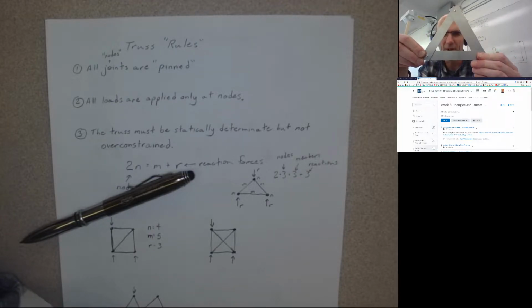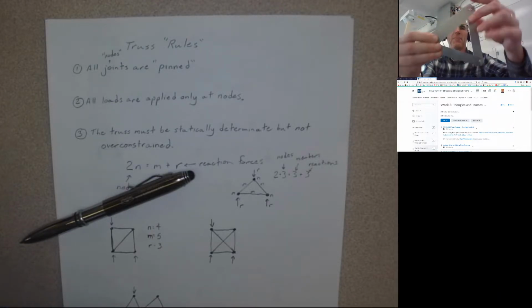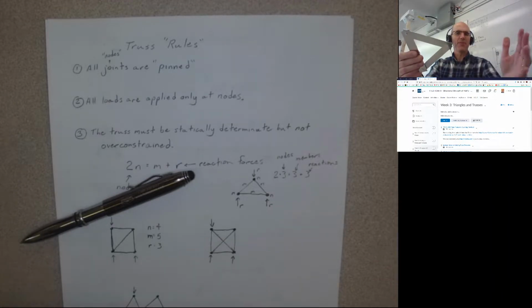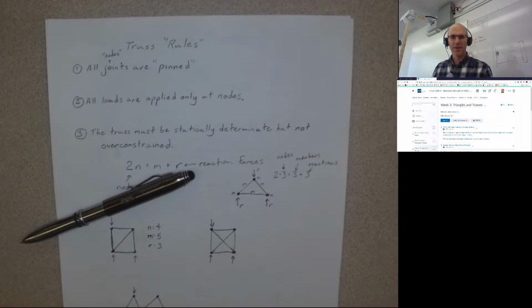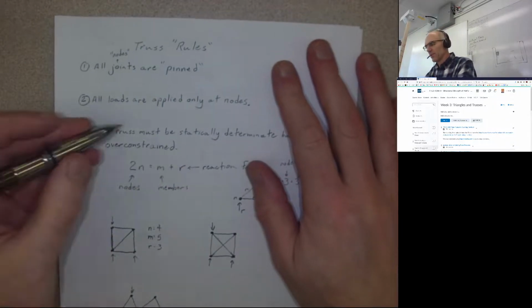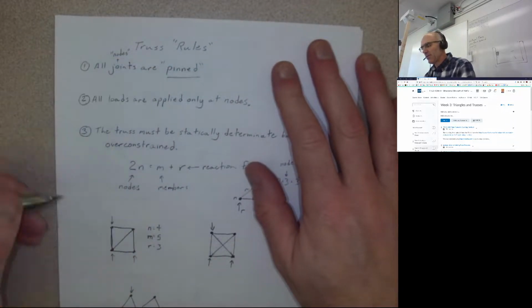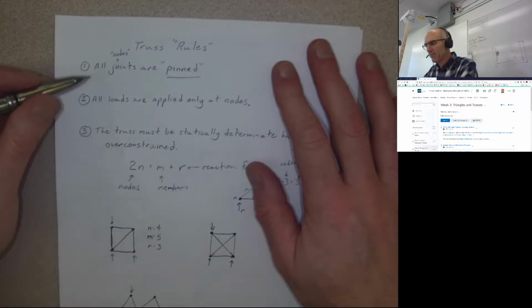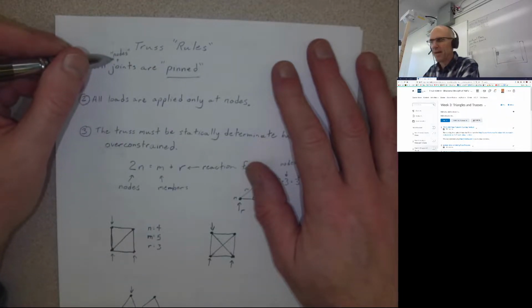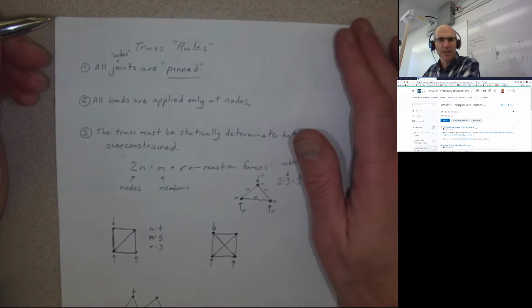Anyway, I think we've covered that before in a couple of other lessons, but when we're talking about our truss rules and I say all joints must be pinned, sometimes you'll hear me refer to the joints as nodes. That's what I'm talking about.